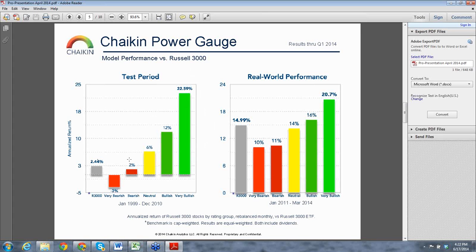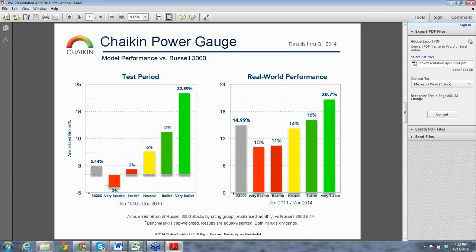And like any model, when a company is showing you a paper portfolio as they build it, it looks terrific. And it should look terrific because the data that the model was built on is the same data that this test is recognizing. So in effect, we have our 5 buckets: very bullish, bullish, neutral, bearish, and very bearish.